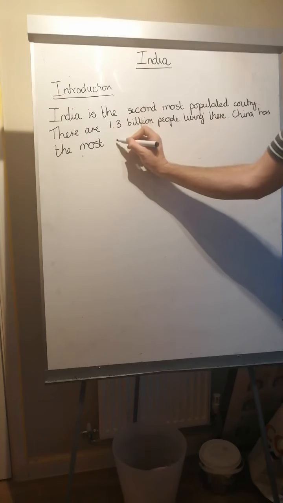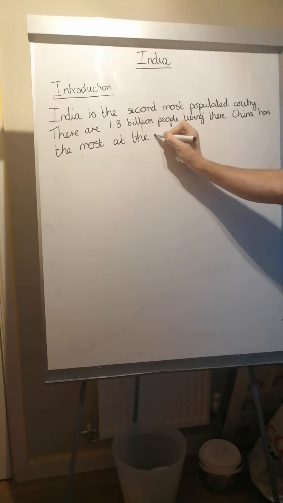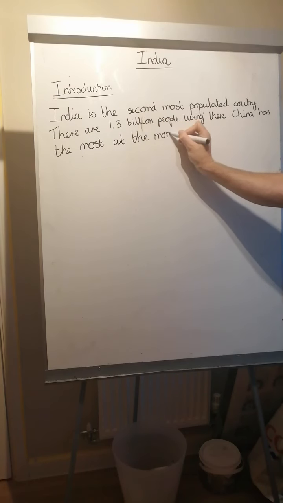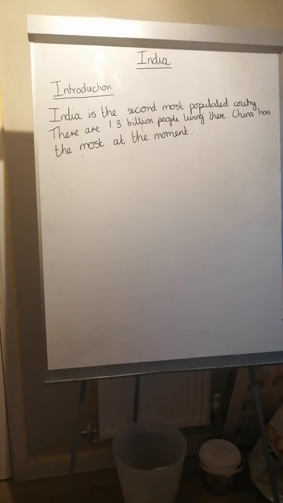So China has the most at the moment. Full stop. Okay, let's just go back over what I've done and see if we can improve that sentence in any way. So India is the second most populated country. There are 1.3 billion people living there. China has the most at the moment.